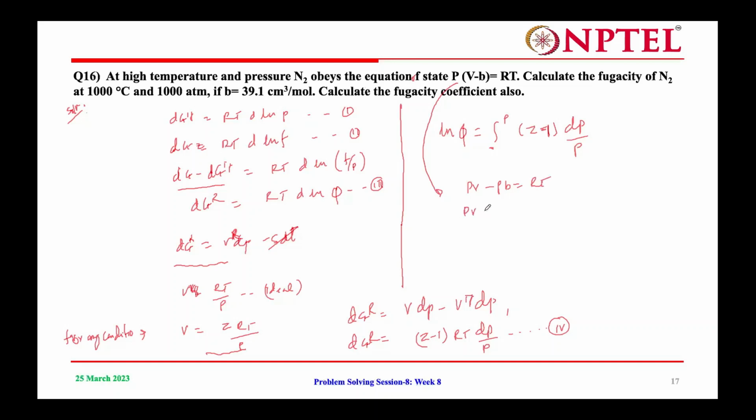So PV equal to RT plus Pb, right? If you divide this equation by RT, the compressibility factor Z is 1 plus Pb by RT. Now put this value of Z in this equation and integrate and calculate phi.